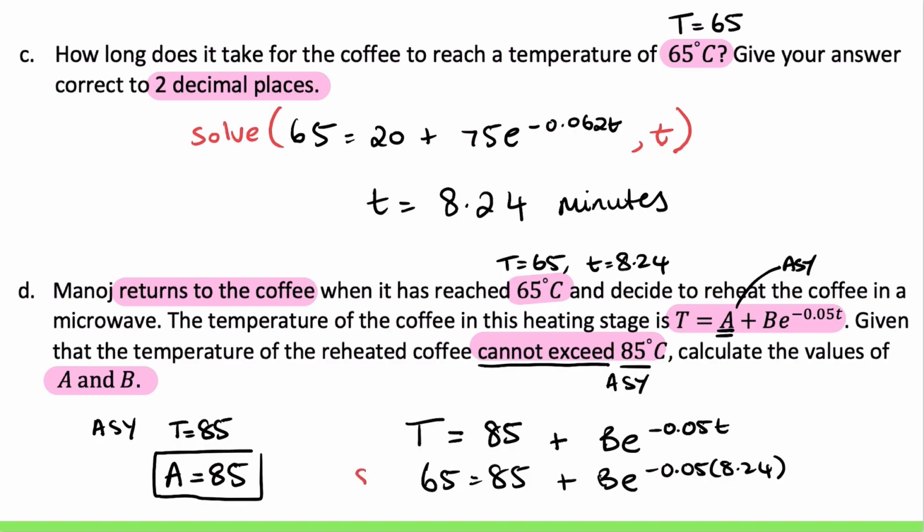So we can just put this straight into our calculator and solve for capital B. You should hopefully get an answer of B equals negative 30.2. So that is our second value. We've got A is 85 because that's the asymptote, and B is negative 30.2 because that's what we solved for there.